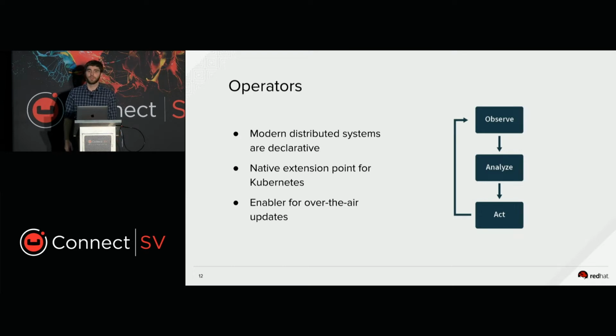And another thing where we've used this to great effect at CoreOS and Red Hat is as an enabler for over-the-air updates. So if you can start a new version of an operator on a cluster, you can actually then seamlessly upgrade all the instances that operator is looking after.